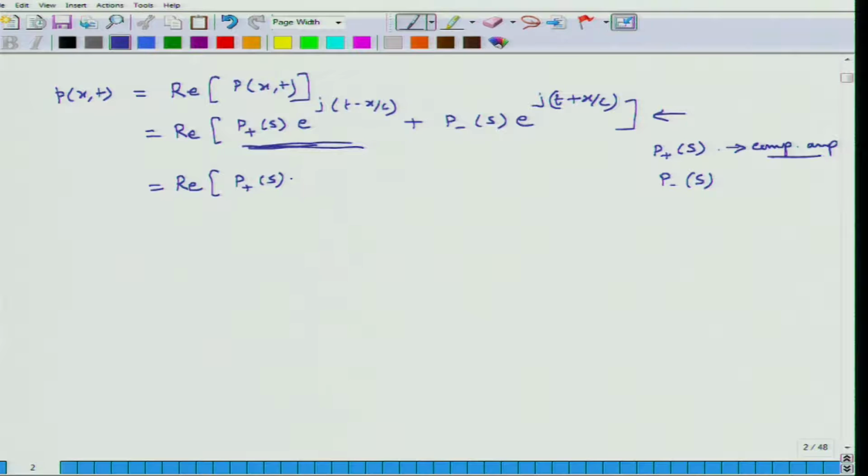So what I get is e to the minus j x over c plus p minus s e to the j x over c.